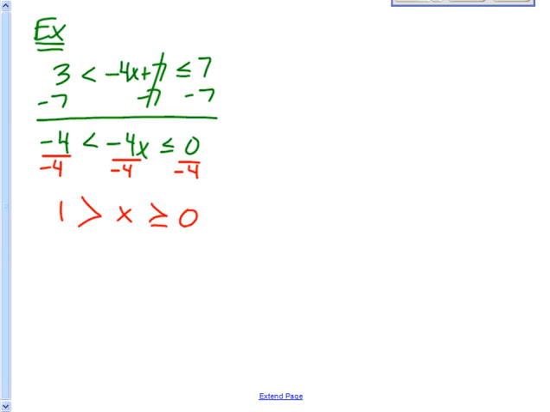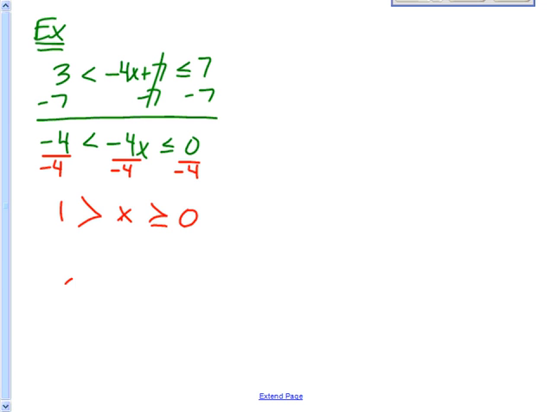Well, this is improperly written. You have to have your smallest number on the left-hand side and your largest number on the right-hand side. If you can imagine sticking this x on a popsicle stick and spinning it around, it'll show you how to write this.